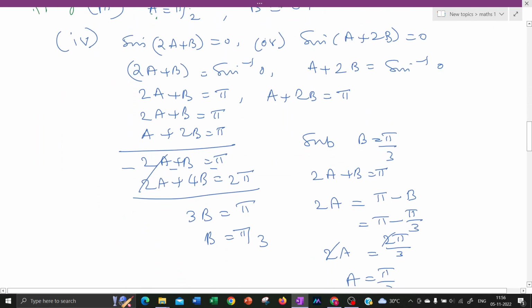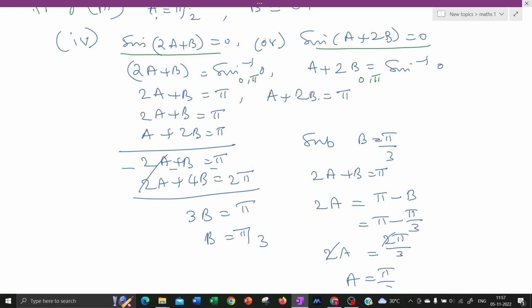The fourth case is sin(2a + b) equal to 0 and sin(a + 2b) equal to 0. So 2a + b equal to sin inverse of 0, and a + 2b equal to sin inverse of 0. That may be 0 comma pi.